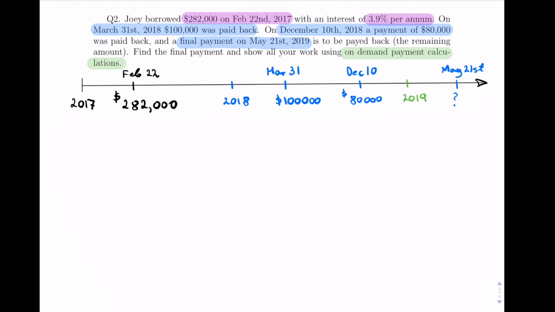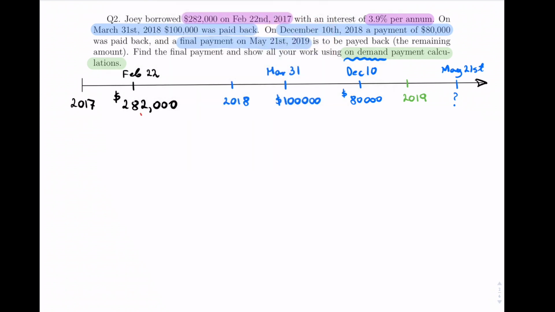Okay, because it says on demand, this is the annoying part. One way to do this is to simply move all the amounts to May 21st in 2019. And then your debt of 282,000, and then you can subtract whatever you've paid off so far to get your last payment. But because it says on-demand payment calculations, we have to kind of do it one by one.